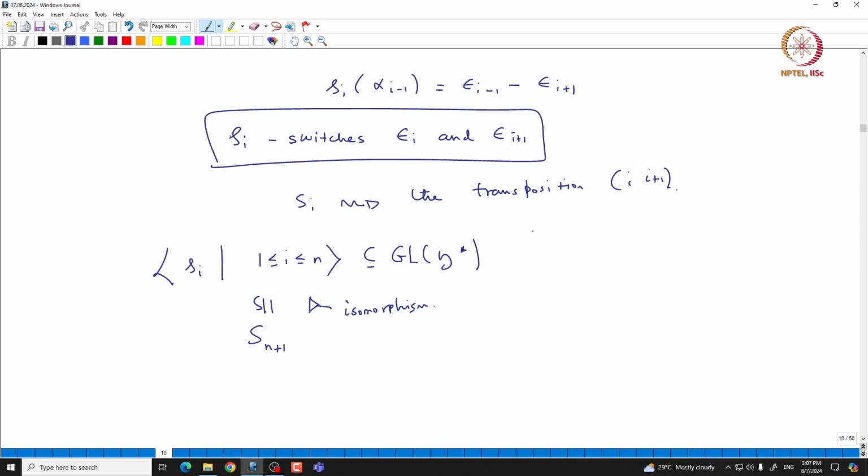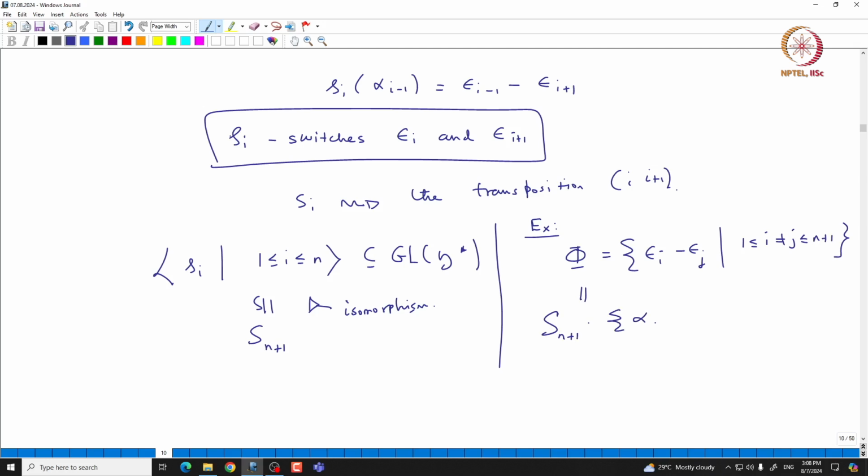Okay. So, now you can easily see, I will leave it as an exercise, that this phi that we have defined already, which is epsilon_i minus epsilon_j for 1 less than or equal to i, j less than or equal to n plus 1, is indeed exactly equal to S_{n+1} acting on these alpha_i's.